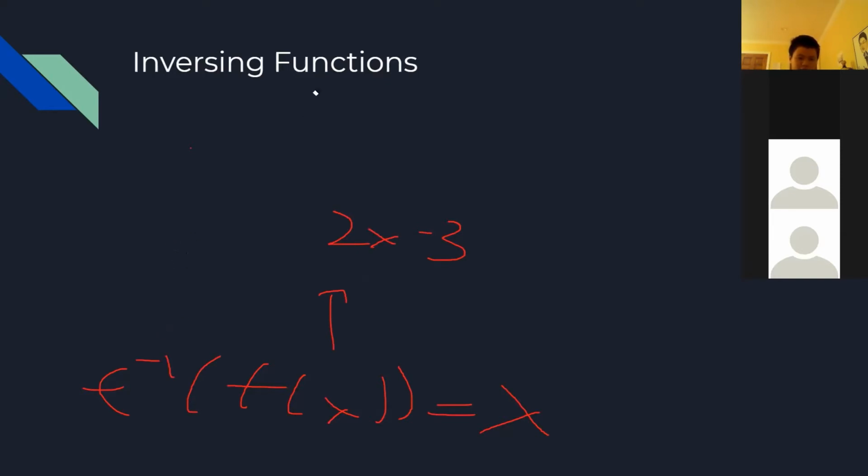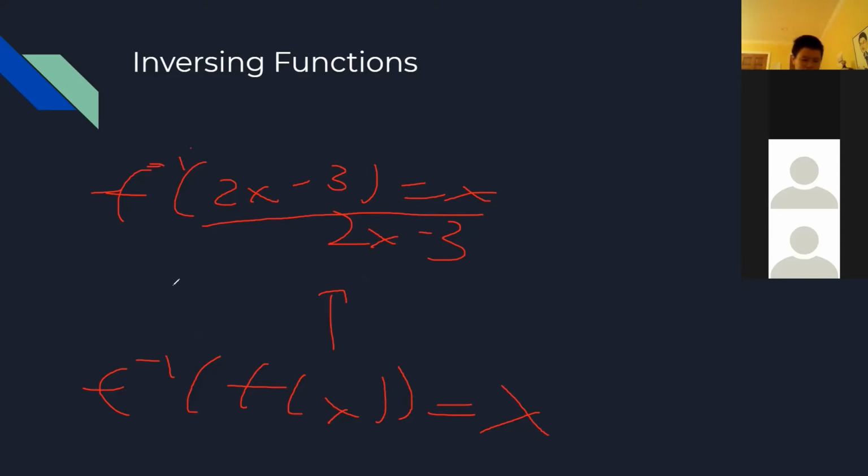Let's see if f(x) matters. So f minus 1 of 2x minus 3 equals x. Mind that x could be anything here. So x equals 1, x equals 0, x equals 57.2. They all have to fulfill this. So how do we solve this?